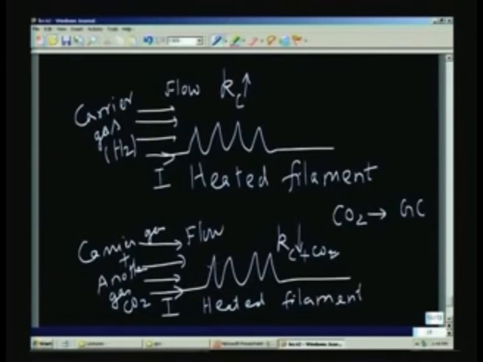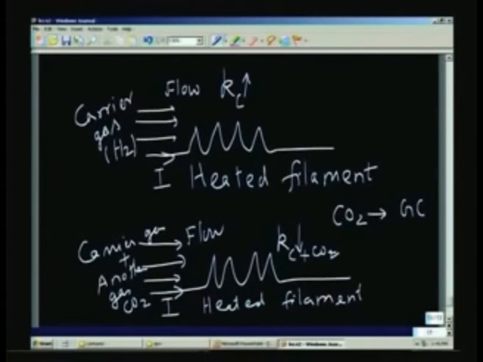Therefore, the heat transfer from the heated filament to the flow, assuming that the flow rate is identical, and I am assuming that the flow is maintained more or less identical, the passages are the same, then the heat transfer to the carrier gas CO2 mixture will be smaller than that in the case of carrier gas alone.